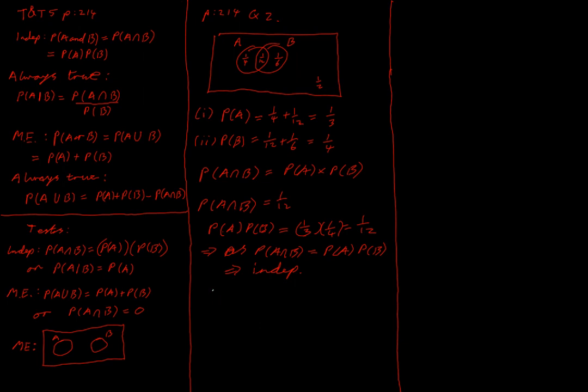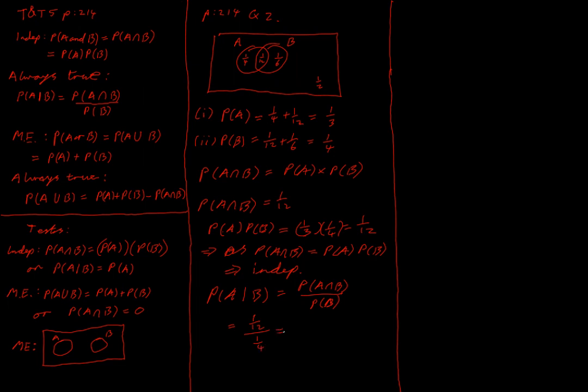So we're looking at the probability of A given B, which would be equal to the probability of A intersection B all over the probability of B, which would be equal to the probability of A intersection B, the 1/12, all over the probability of B, a quarter.